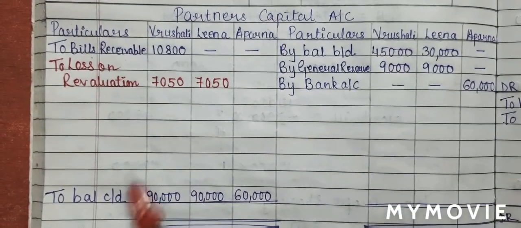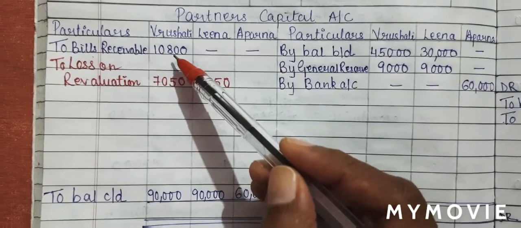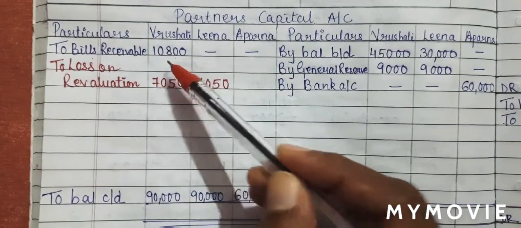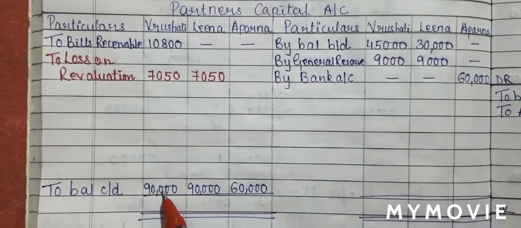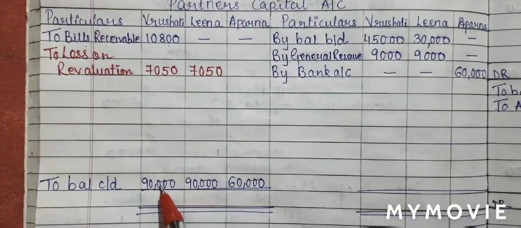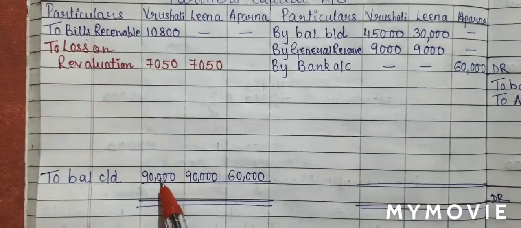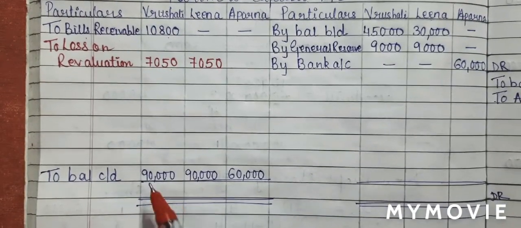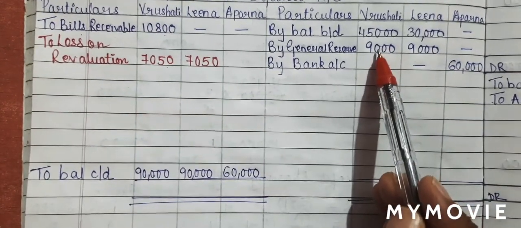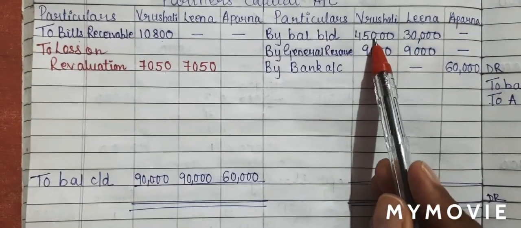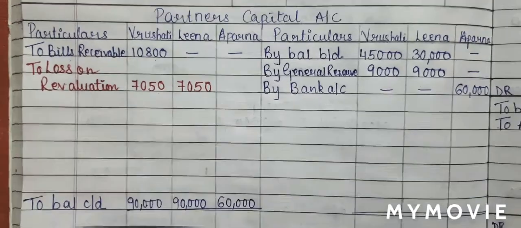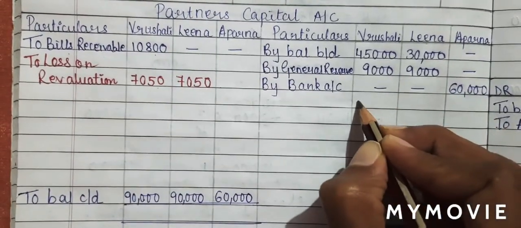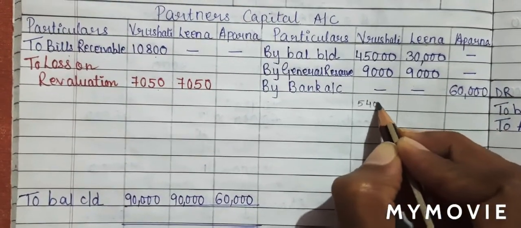We will first calculate the debit balance. The debit balance is 10,800 plus 7,050 plus 90,000. So I'll get a total of 1,07,850. Now if I total on the credit side, it is 45,000 plus 9,000 gives a total of 54,000.